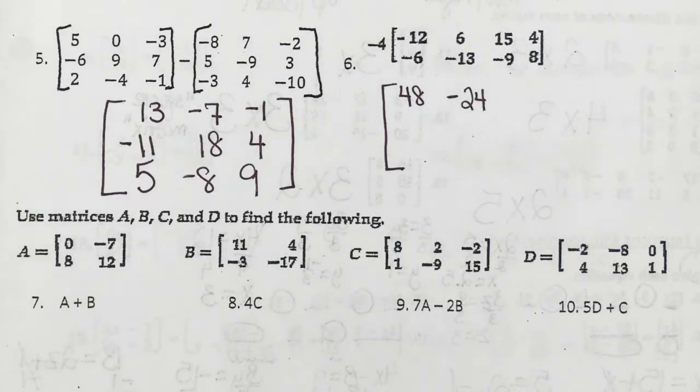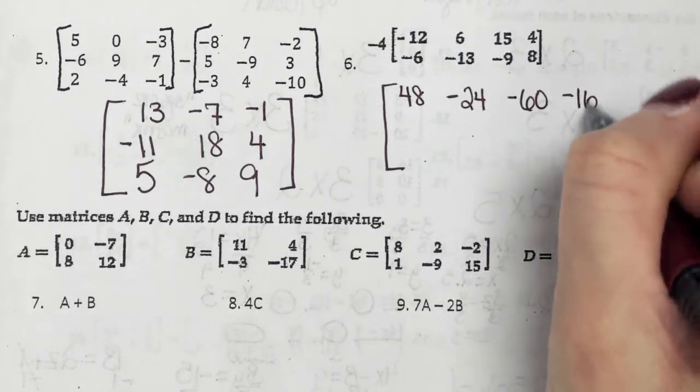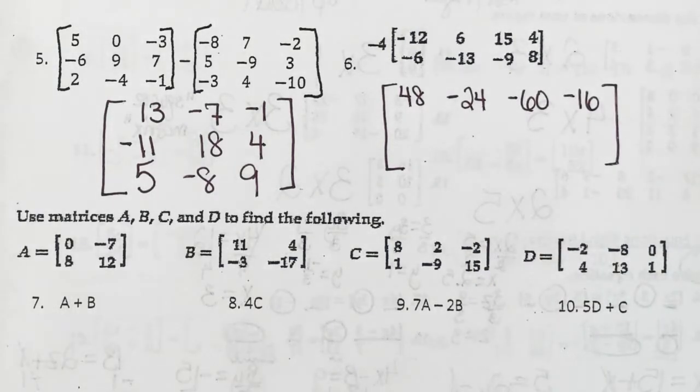All right, what'd you get for the other two numbers on your top row? Negative 60 and negative 16. Perfect. Good job, guys. I told y'all this stuff was easy. Finish out that bottom row.